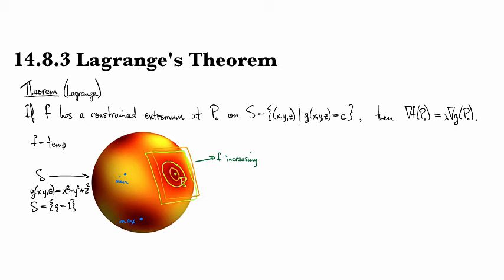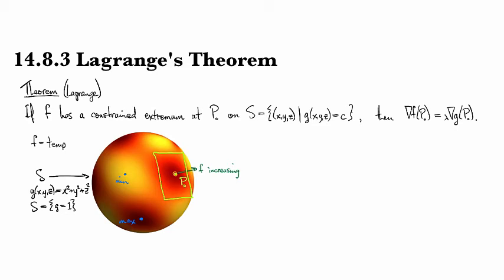Maybe I'll clear up this picture just a little bit by erasing some of the extra junk. We can take this idea that f is increasing as you go that way, and you can see that the very last of those surfaces I drew that touches the sphere is going to be the one that's tangent to it at exactly that particular point. So that kind of gives it away.